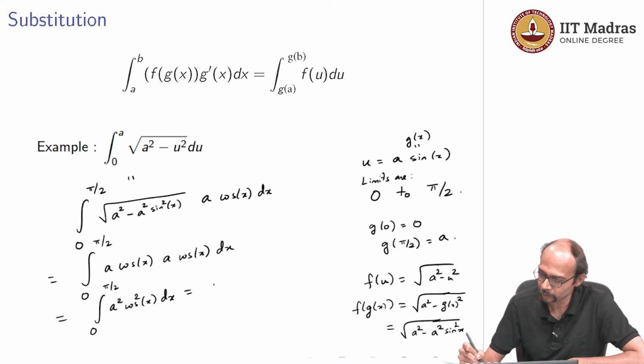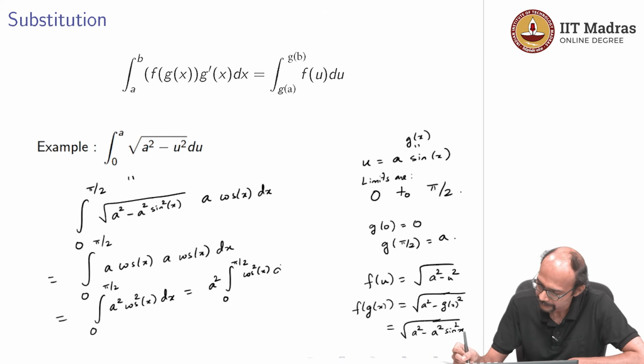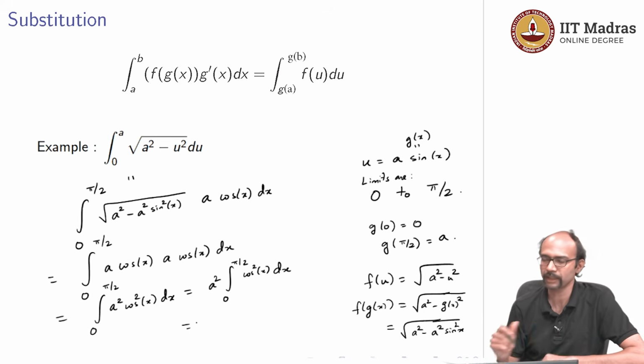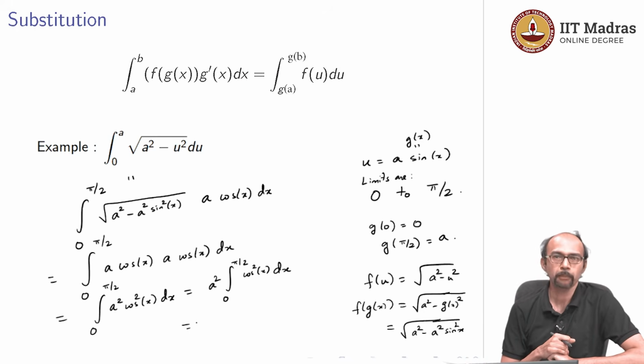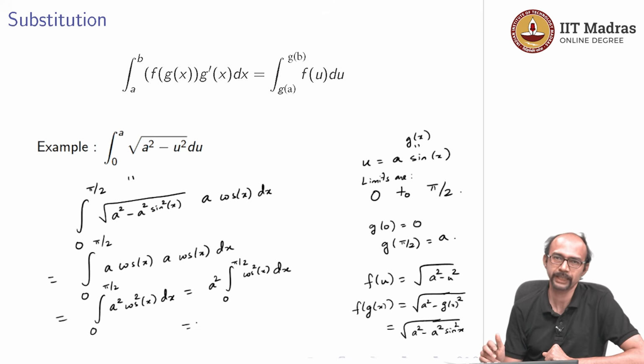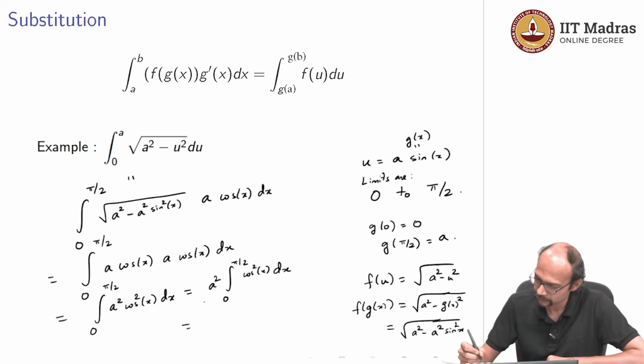Now I can take a squared out. So we get 0 to pi over 2 cosine squared x dx, and now I have to compute the integral of cosine squared x. But again, this is something that you might remember we did in the video on limits, where we used a formula for cosine squared x, and the same kind of idea is going to work here.